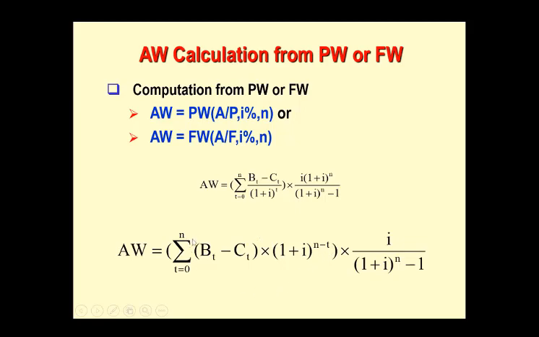Here is the formula to calculate the future value. So we take the future value and times the factor to get the annual value. That is the way to calculate the annual worth. It's very simple.